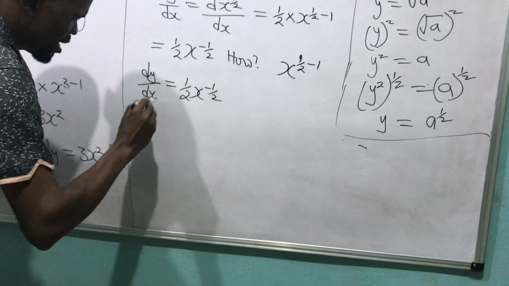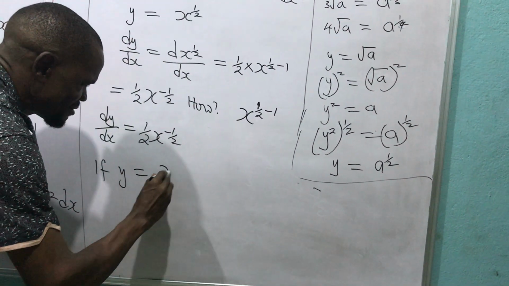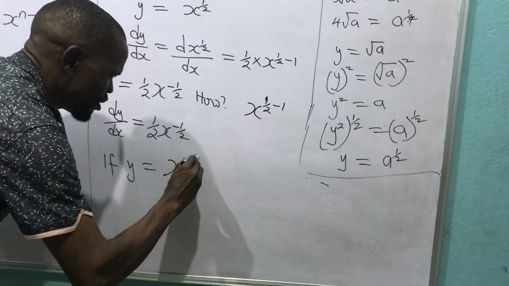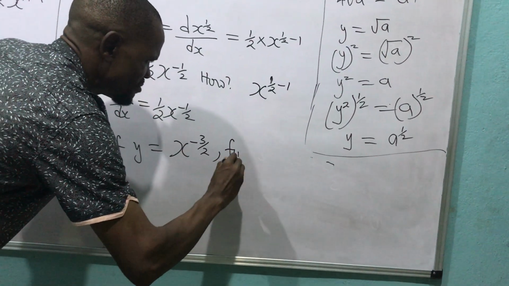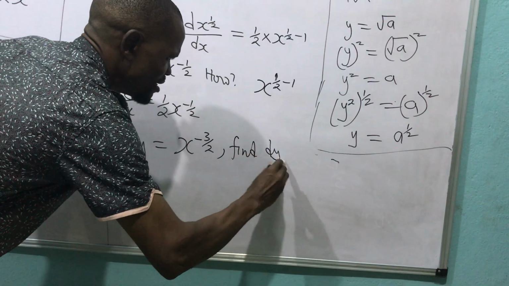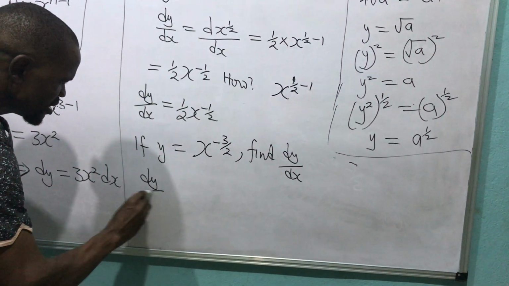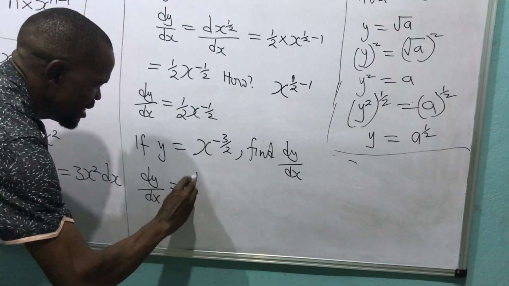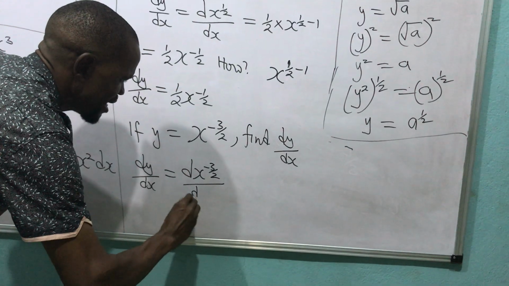Another example: if I have y equals x raised to the power minus 3 over 2, and I'm asked to find dy/dx. It simply means d(x raised to the power minus 3 over 2) over dx.